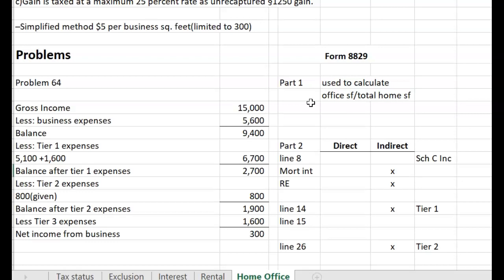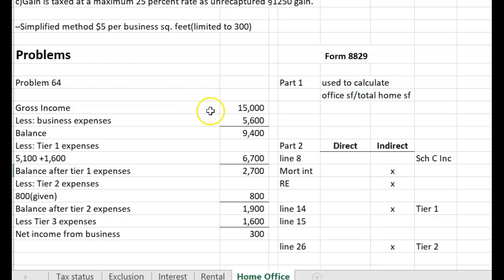Now, in this problem, they gave us that the gross income is $15,000. And they then went on to say that the business expenses was actually $5,600.